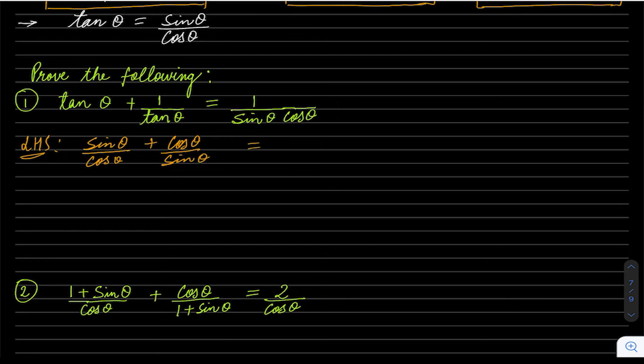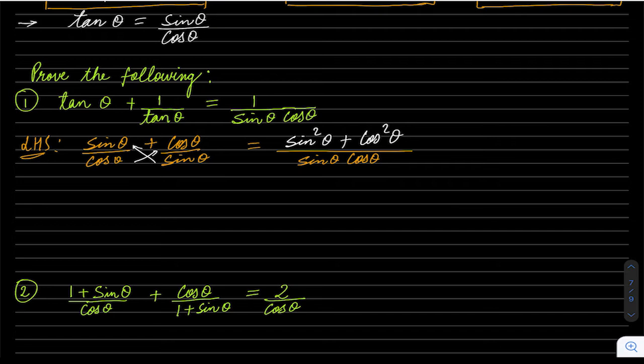Equals. Now what we will do is take the LCM here, and this LCM will become sine theta cos theta, and this will cross multiply. Whenever we take LCM like this, we cross multiply. So this will go here, this will go here. We will get sine square theta plus cos squared theta.